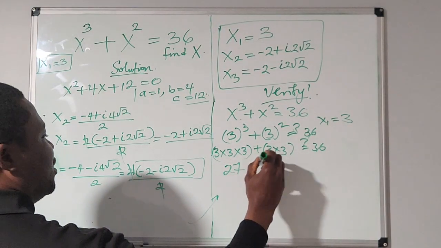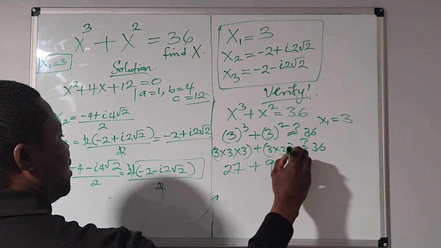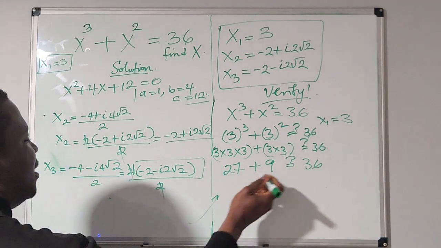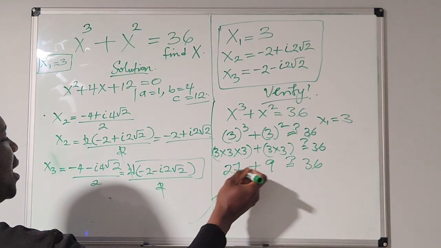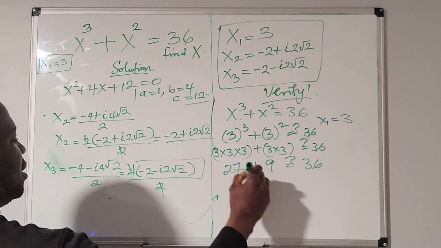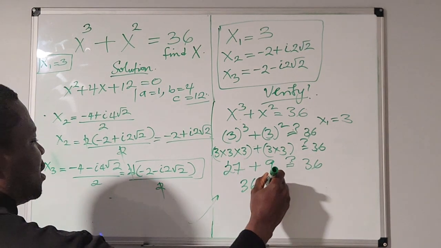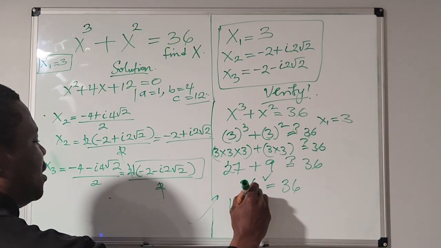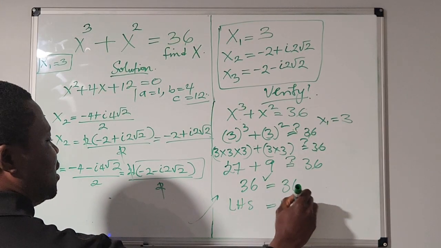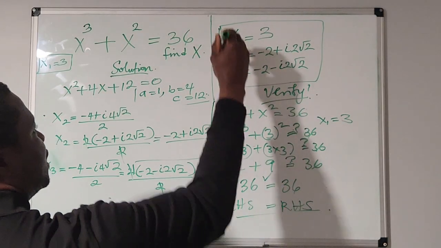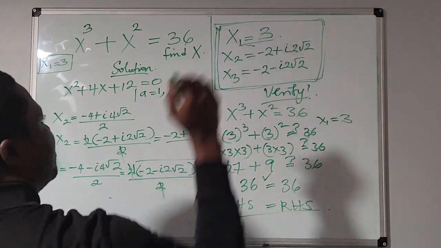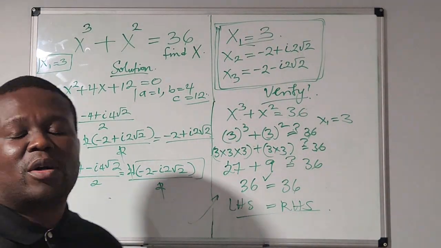This is 27 plus 9. We're trying to see if that's equal to 36. If we add this up, 7 plus 9, that's 16, carry 1, and we have 36. So that means the left-hand side is equal to the right-hand side. Therefore, these values of x, especially that one, are all correct.